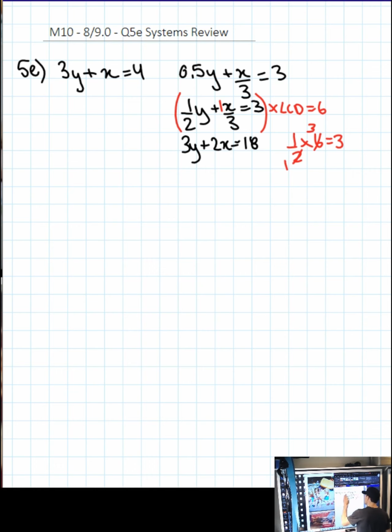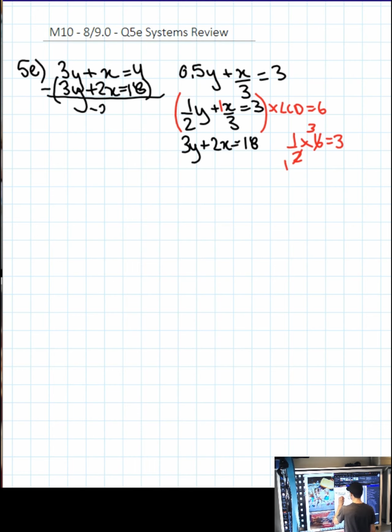Now, the terms are lined up, and 3y minus 3y is 0, so we're ready to take one of the equations and put it below the other equation. So we can put brackets around the equation on the bottom, put an over, and subtract. 3y minus 3y is 0, that's gone. x minus positive 2x is x minus 2x, which is negative x.